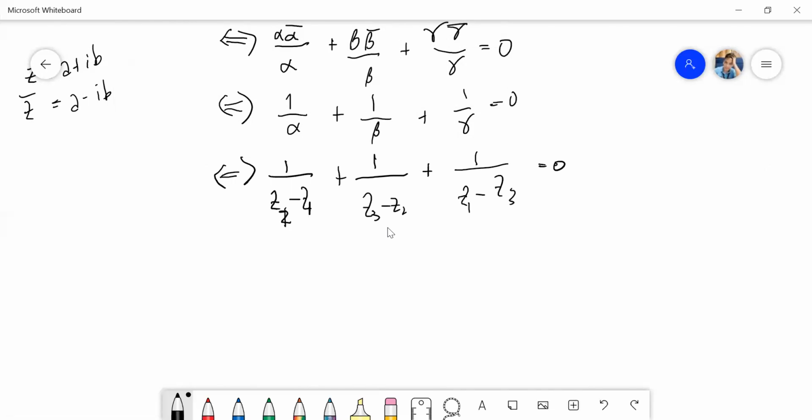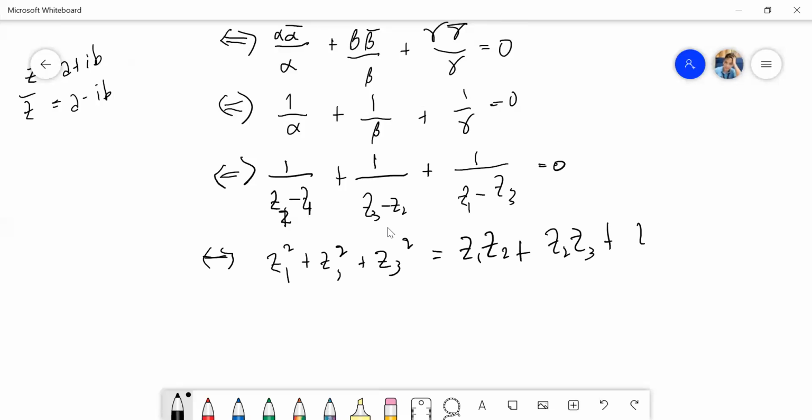By the way, if I multiply or simplify this equation, I would get Z1 squared plus Z2 squared plus Z3 squared equals Z1 Z2 plus Z2 Z3 plus Z3 Z1. And I was able to prove the forward direction.